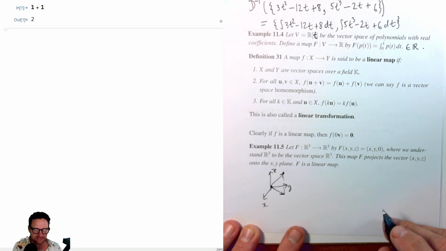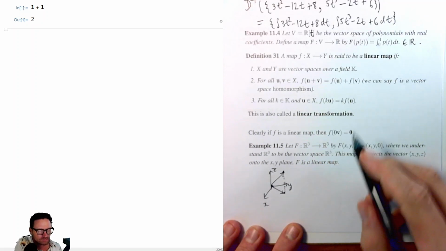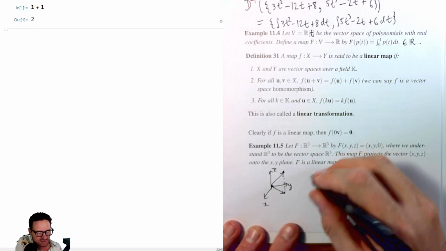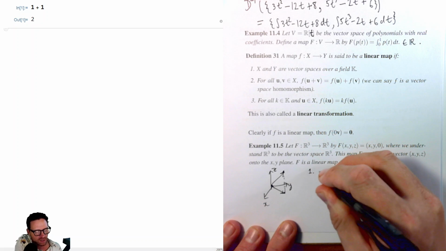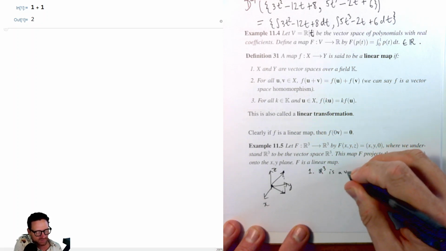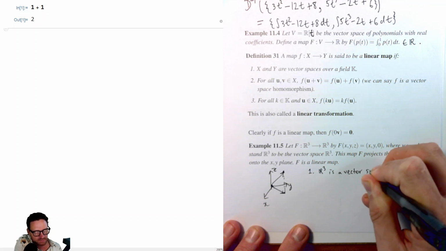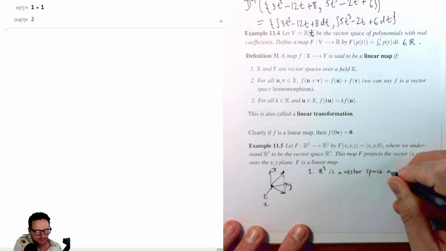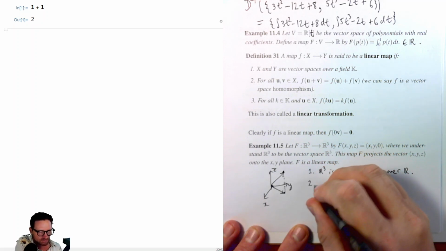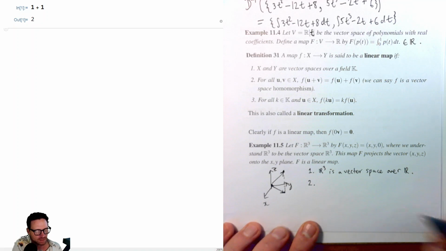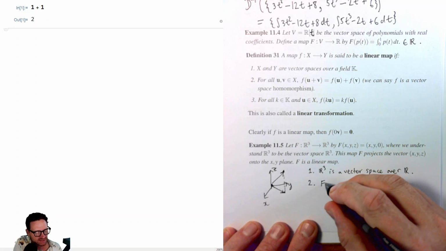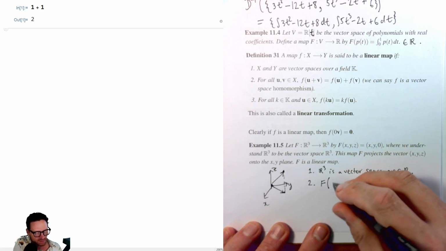Okay, let's show that this is a linear map. So let's look at the properties. So these are both vector spaces. So number 1, R3 is a vector space over the real numbers. Okay, second property. Let's take two vectors. I'll write them vertically here.